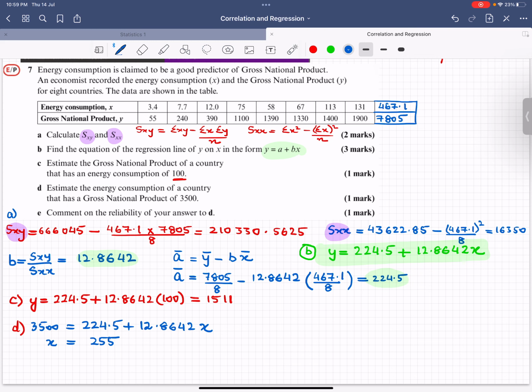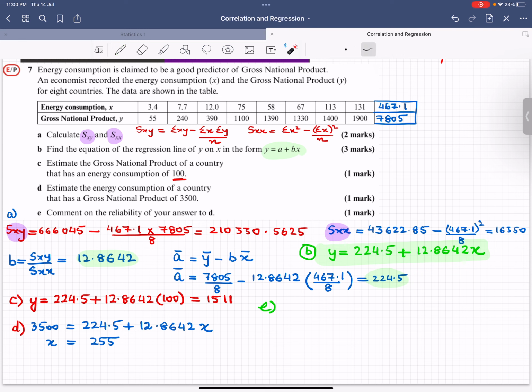Now in part E, we need to comment on the reliability of the answer. We already know that the equation of regression line is best used to calculate Y value given X, which is not the case here in part D. We are given the Y value to calculate the value of X. So this is one point. The other is that the value 3500, which is the value of Y, is well outside the limits of the data.